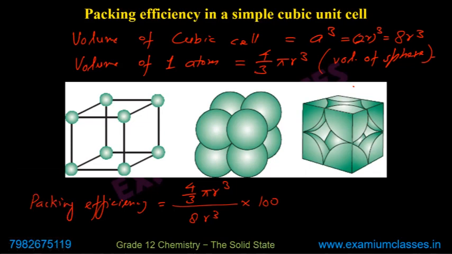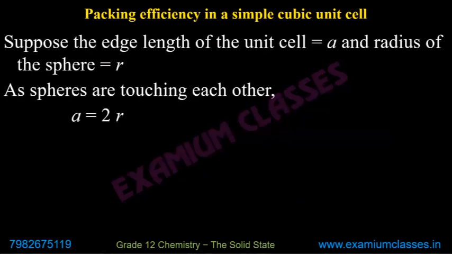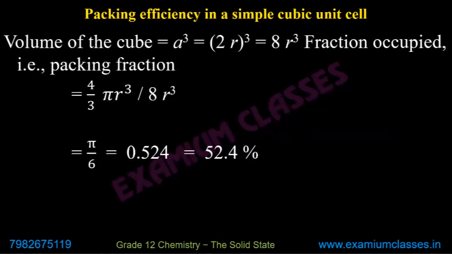Now this r cube gets cancelled, and when you simplify, you get 52.4%.